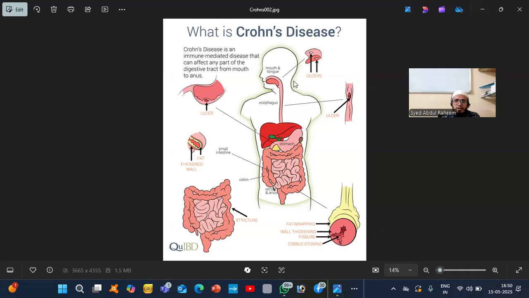Ulcers can happen in the mouth, in the esophagus, in the small intestine and stomach; extra fat and extra thickening will happen in the small intestine, or extra fat wrapping will happen around the large intestine. So this is called Crohn's disease.